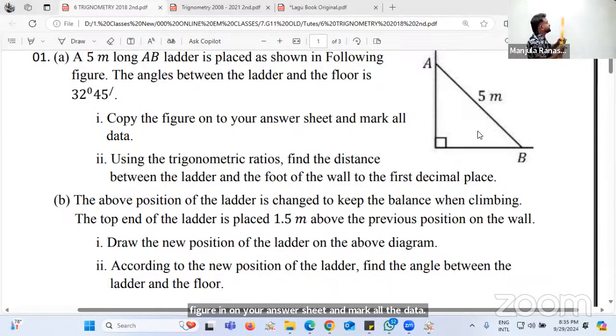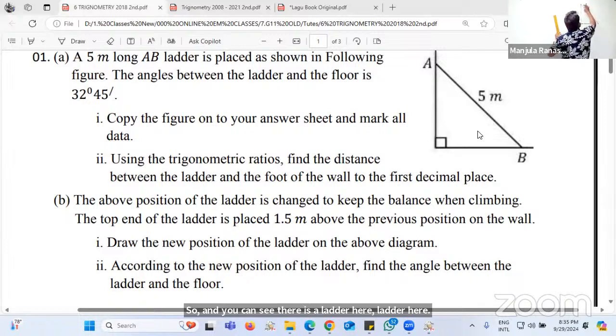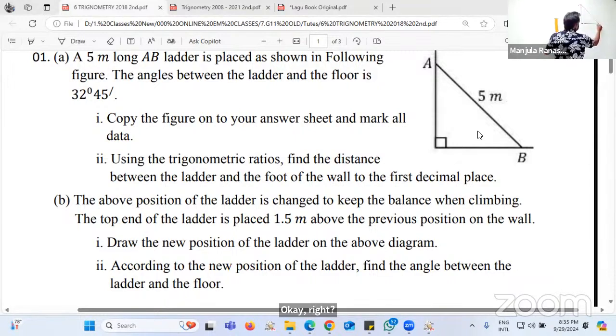Now you can see there is a vertical wall, and a horizontal floor. And there is a ladder here. Then AB, the ladder length is 5 meters.